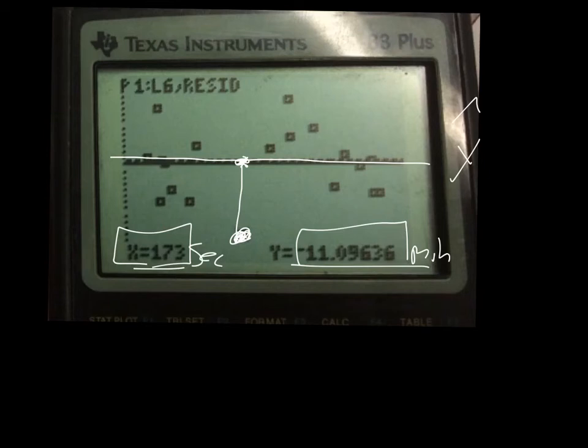The actual data point was 11 minutes under the prediction. So my actual data point was 11 minutes lower than what I was predicted. Or another way to say it is the line over-predicted the actual time. All right. Over-predicted because the line is over my point.